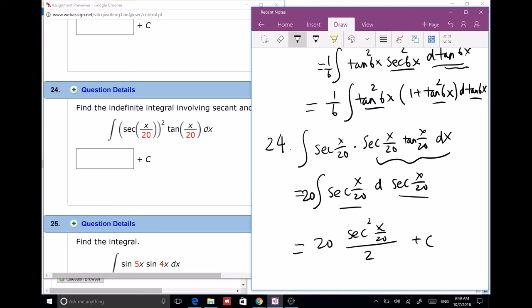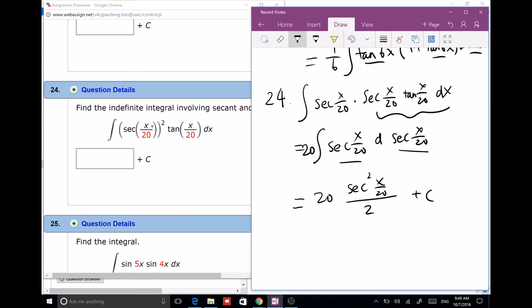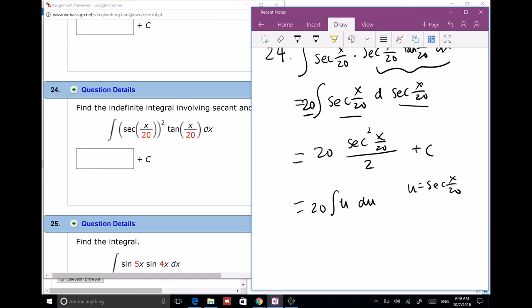Oh, here? First, do you understand the 20 here? Okay, so it's 20 u du, where u equals secant x over 20. Then it's 20 u squared over 2 plus c, right? Okay, so that's how you have it.